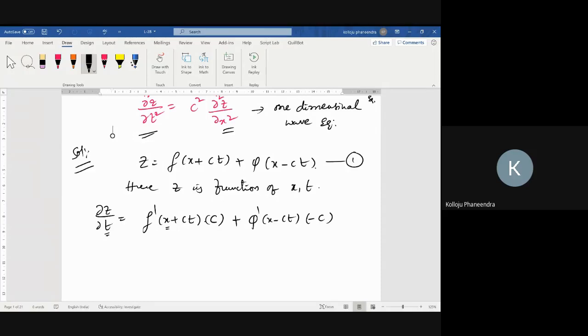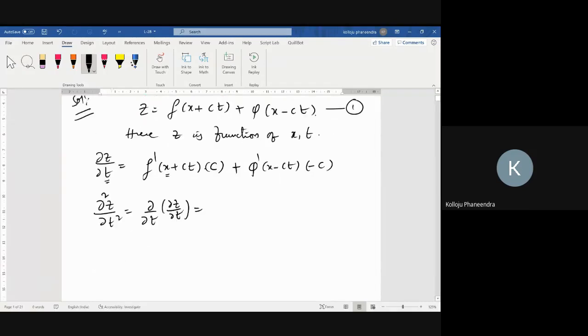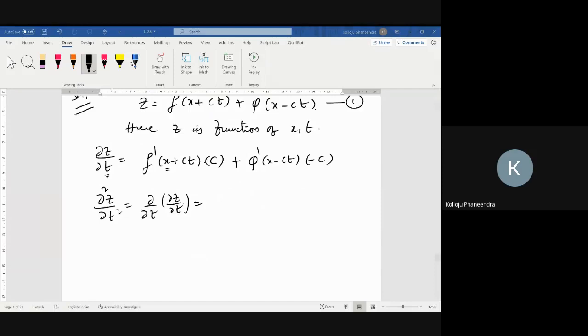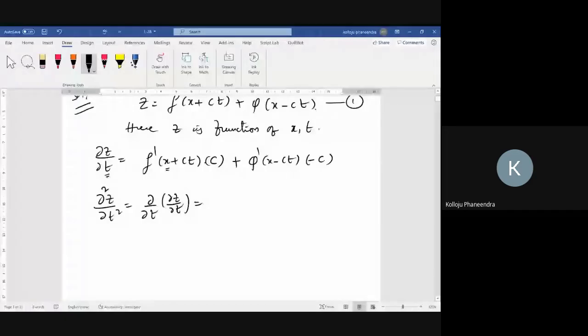Now one more, dou square z by dou t square means what? Dou by dou t of dou z by dou t. That means for this above equation, one more differentiation with respect to t. What is that? See, this is again c is the constant. I can write f double dash x plus ct. C is already there, and again one more derivative with respect to t means one more c exists.